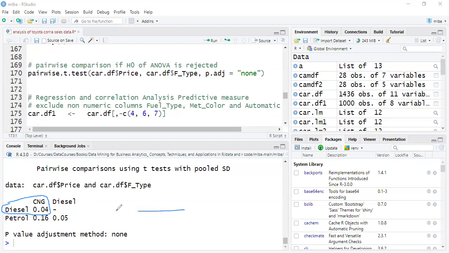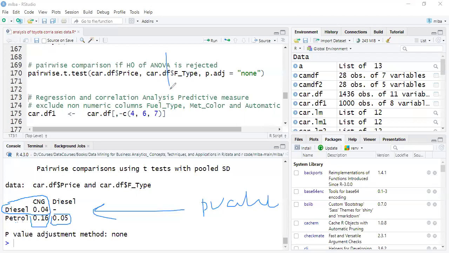All of these are p-values. There are 3 p-values. This is the p-value of CNG and diesel, this is the p-value of diesel and petrol, and this is the p-value of petrol and diesel. Petrol is compared with CNG, petrol is compared with diesel, diesel is compared with CNG.